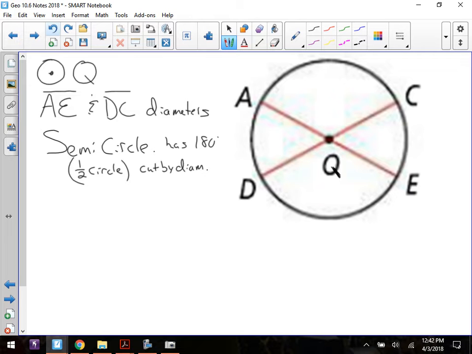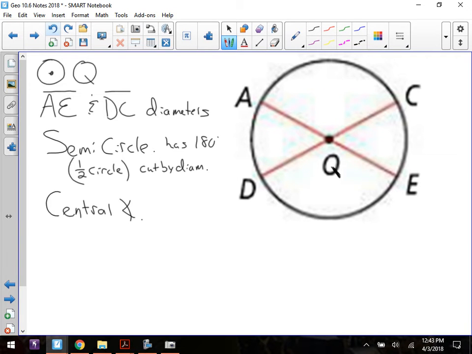Again, probably stuff you've seen. You just kind of forgot that you've seen it at some point in time. There's another term called a central angle.